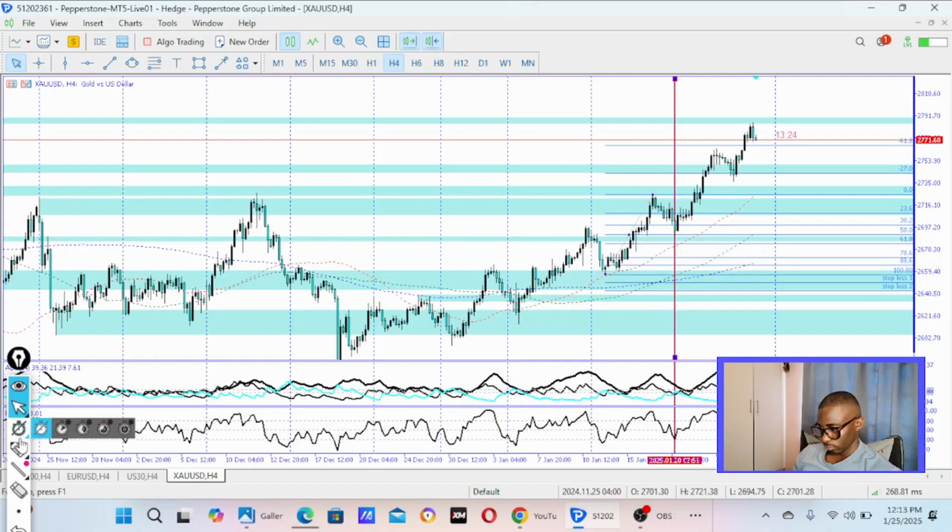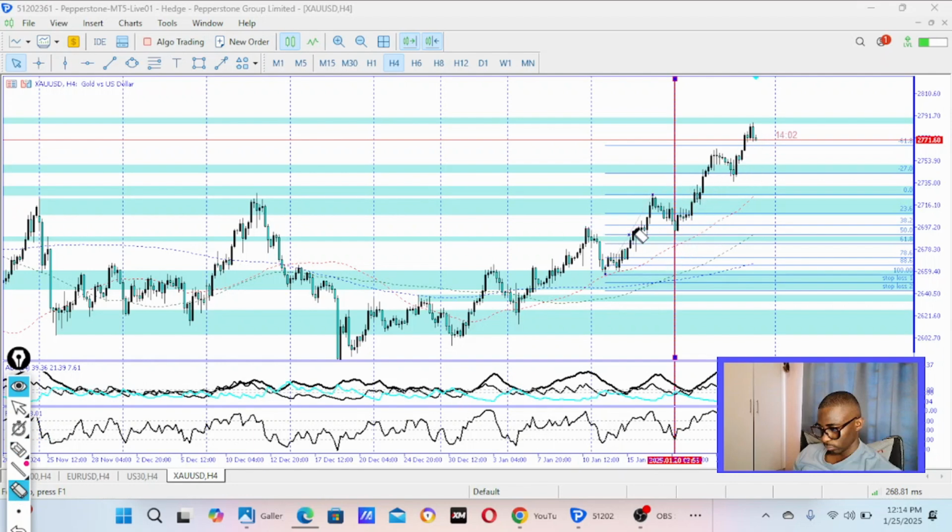We anticipated price to come to this area between the 50 or the 61.8 levels. Price came back and touched the 50, which was the previous high low, and has just pushed up to take profit too. So gold played out, the analysis played out perfectly.